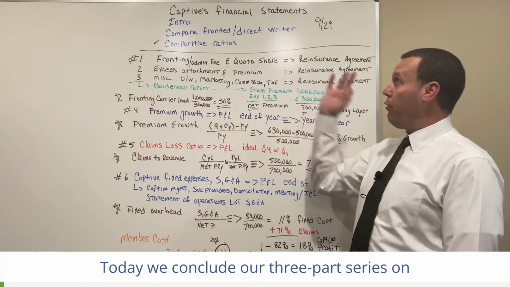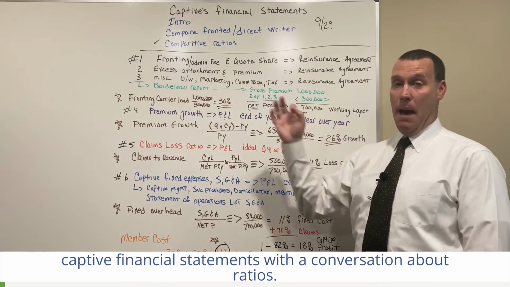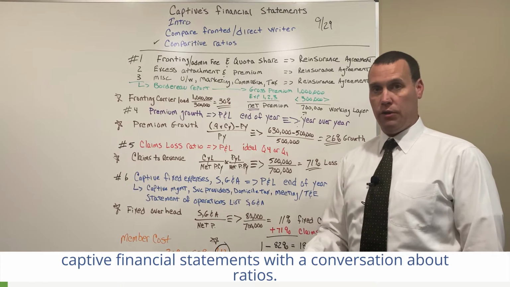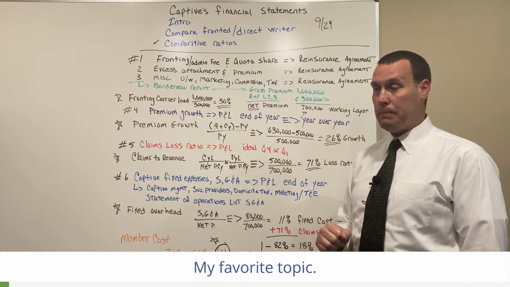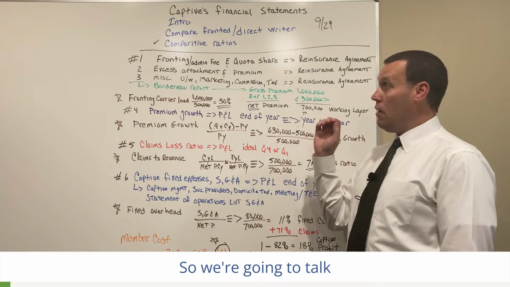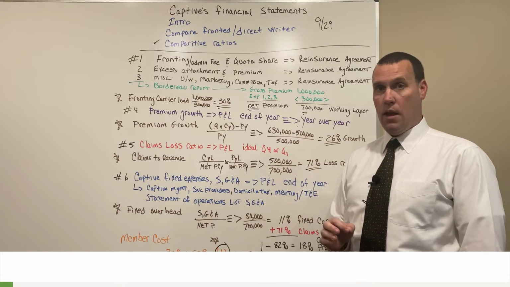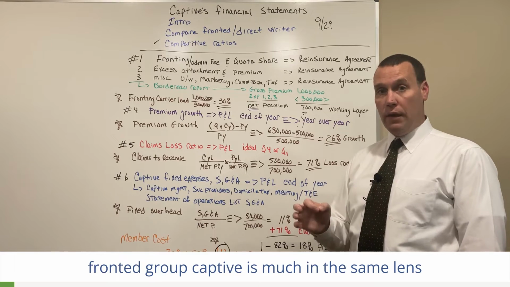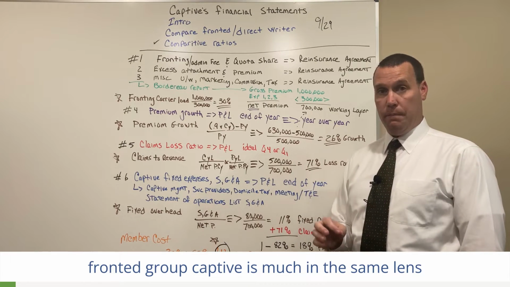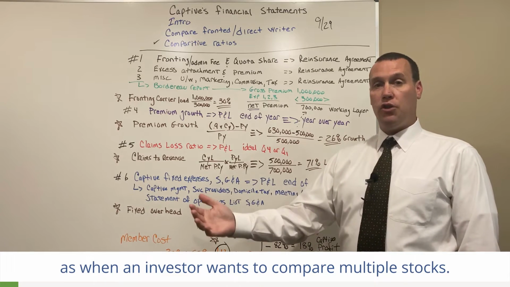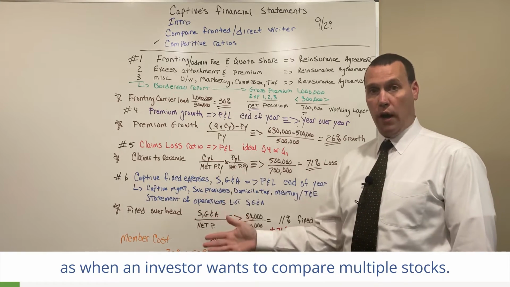Today we conclude our three-part series on captive financial statements with a conversation about ratios, my favorite topic. So, we're going to talk about the fronted captive arrangement. The reason we're going to talk about the fronted group captive is much in the same lens as when an investor wants to compare multiple stocks.